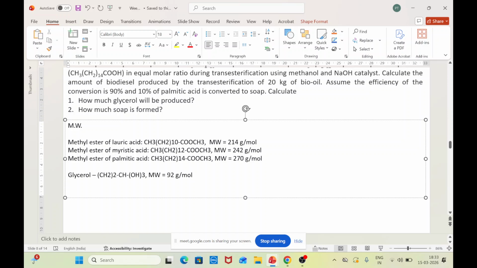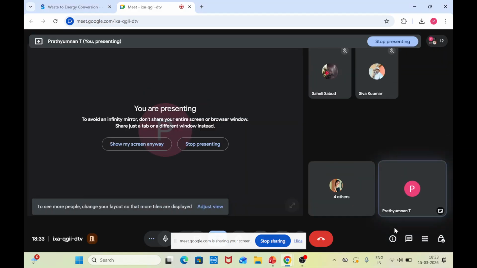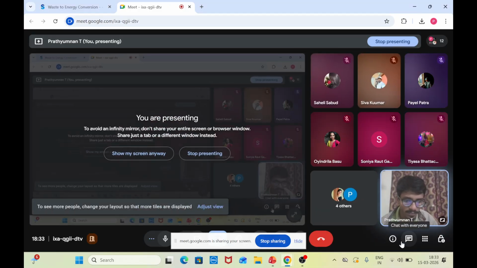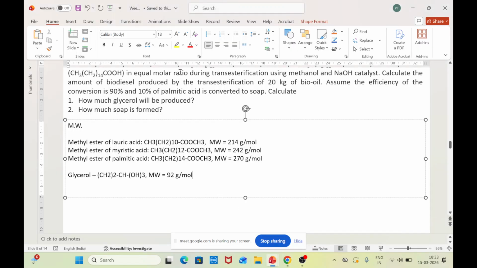So with this you need to calculate how much glycerol will be produced and how much soap will be formed. Anyone with any answers till now? I hope the screen is visible, right?